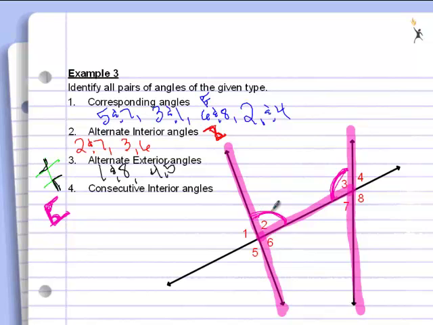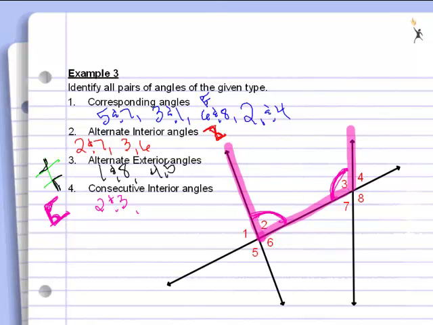Angles 2 and 3. You might be saying that looks more like an H. Well, if I erase these, there's my C. Flip your paper to the right a little bit, like clockwise, or your notes to the right, and you can actually see that angles 2 and 3 form a C, which means that angle 2 and angle 3 are consecutive interior angles.